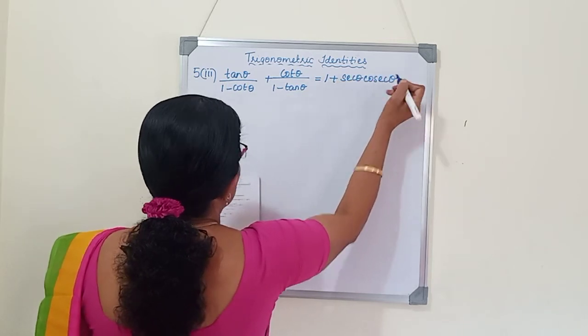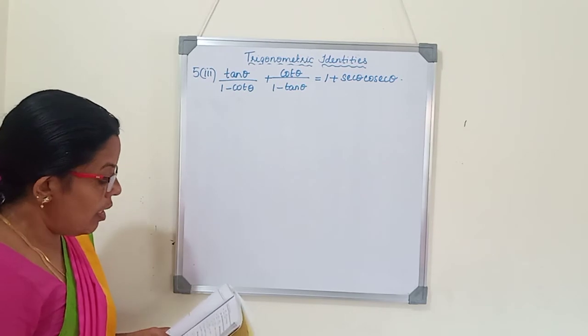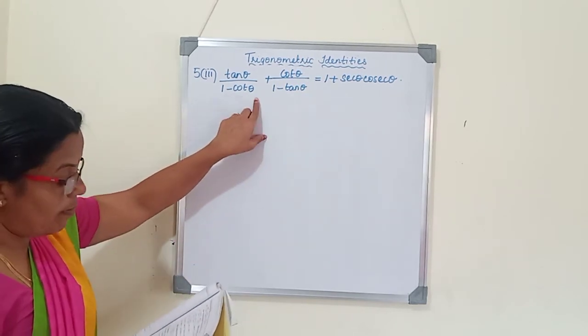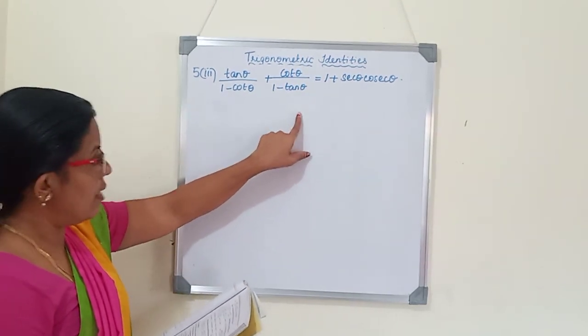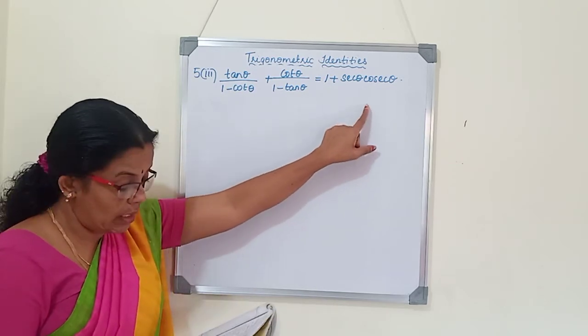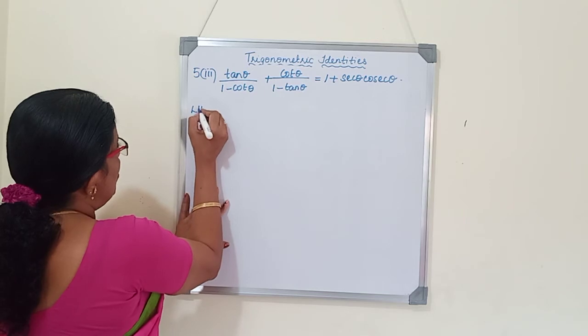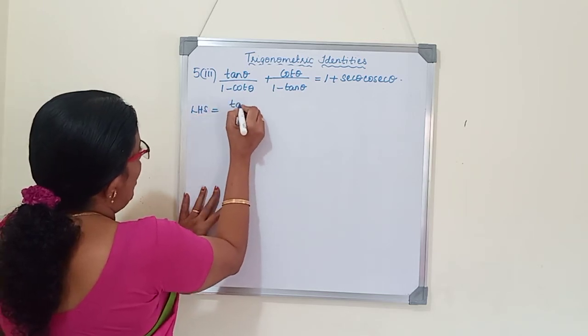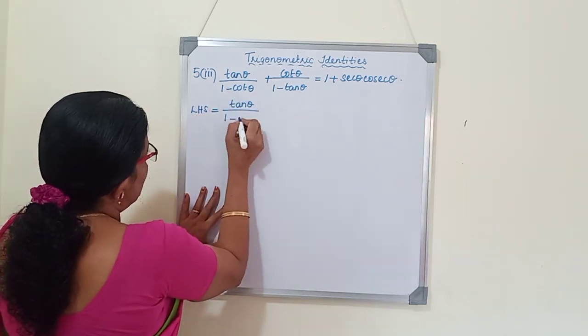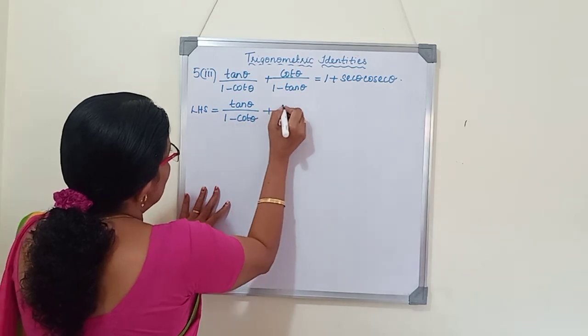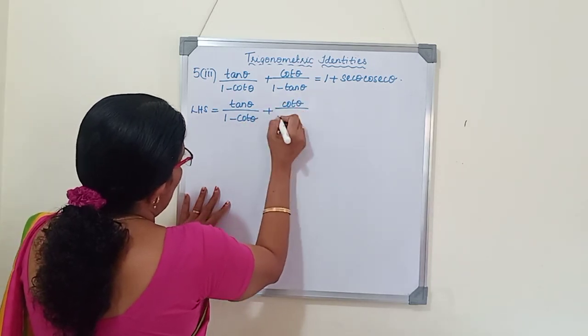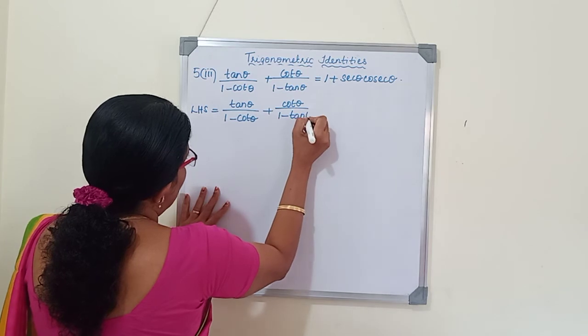This is the question. So we'll start from LHS is equal to tan theta by 1 minus cot theta plus cot theta by 1 minus tan theta. LHS we have written.